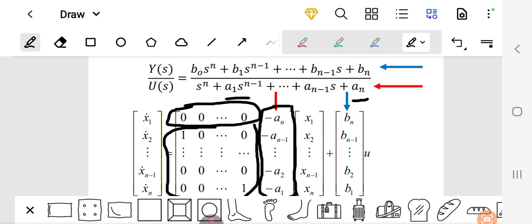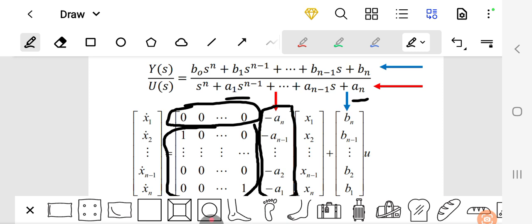Once more, we will take the coefficients of the denominator with opposite sign as the last column in the A matrix, from negative an to negative a1. The rest of the first row will be all zeros, and the remaining part of the matrix A will be an identity matrix.